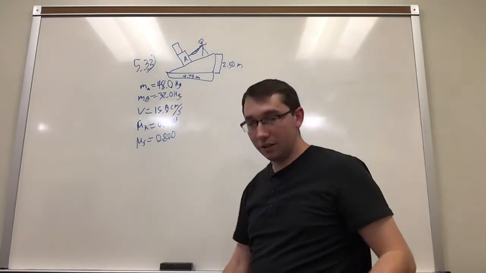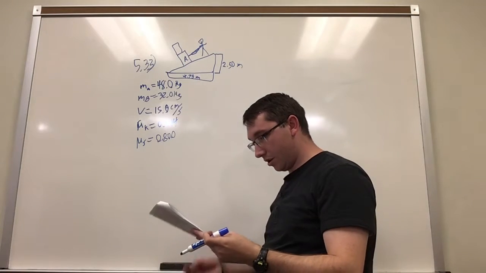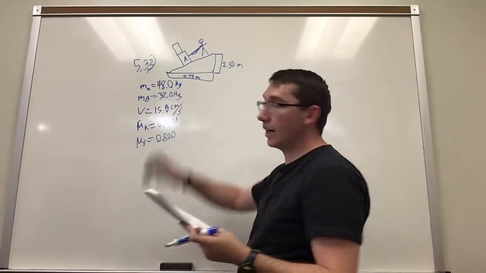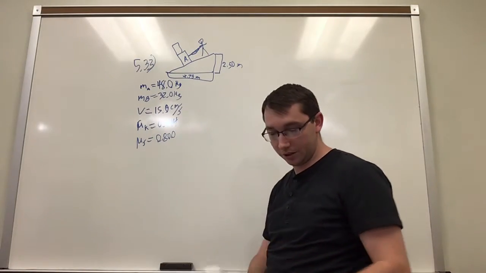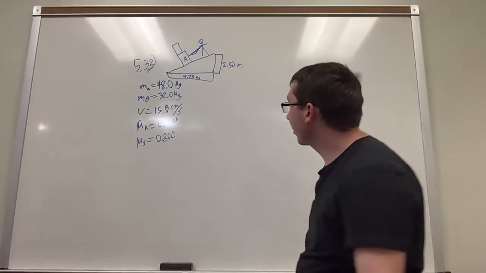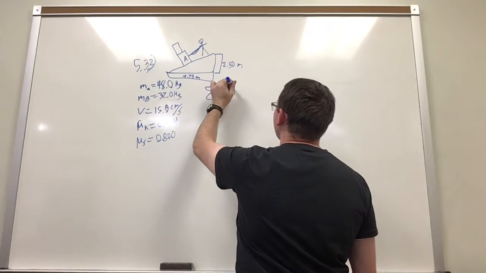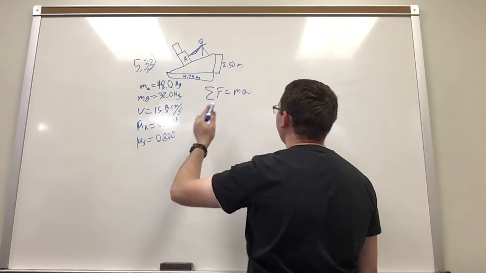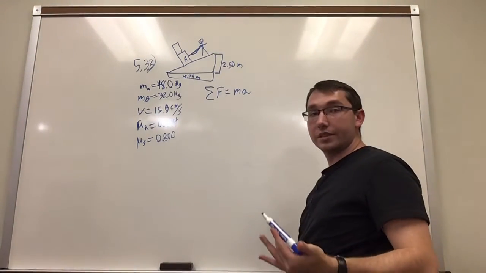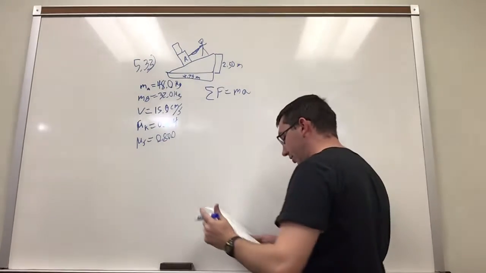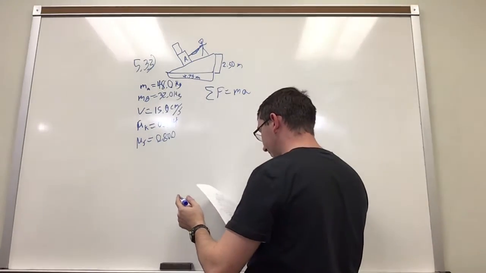So for part A, it wants to know what force you need to exert to have this constant velocity. So we know that the sum of the forces is going to be equal to the mass times the acceleration. It's a constant velocity, so the acceleration is going to go to 0. We're just going to work through it here.